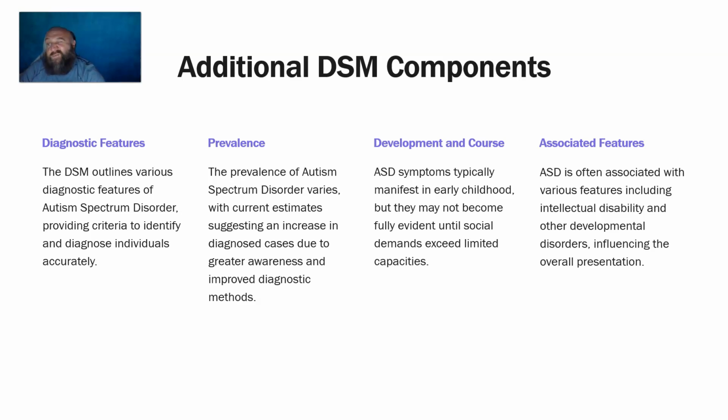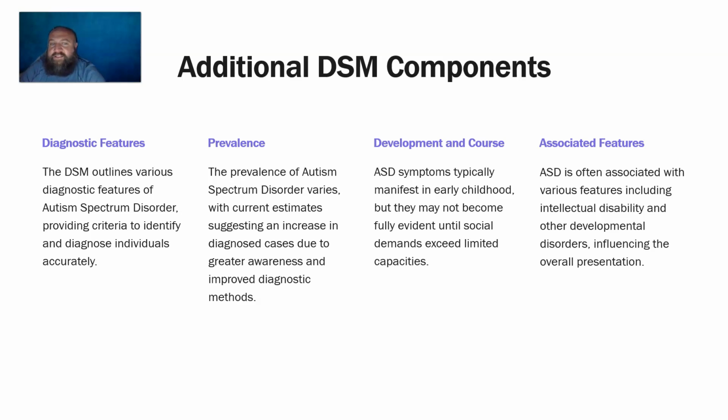Generally speaking, most of the information in the DSM for disorders like ASD tends to be a little bit older, because think about it, right? They only publish new editions every 5, 6, 7, 8, 10 years maybe at the longest. But research in ASD is constantly being developed. So sometimes the prevalence rates may not be the most up-to-date information, but there is a listing of the prevalence in there.